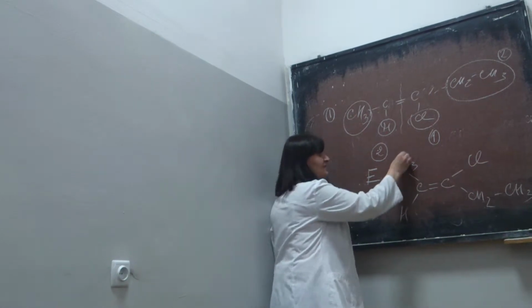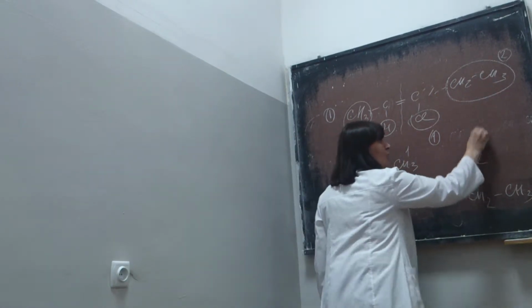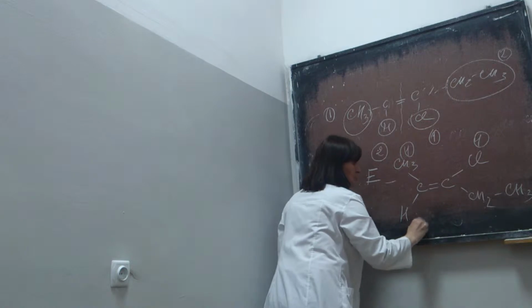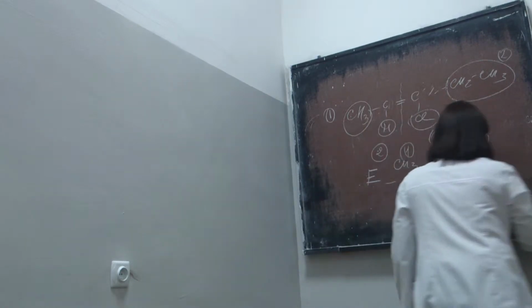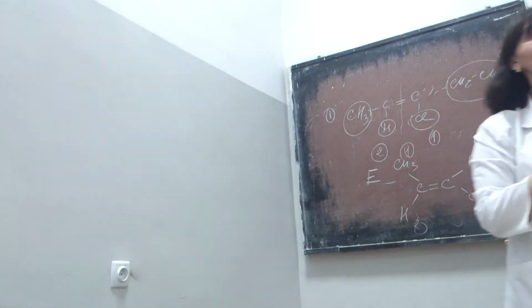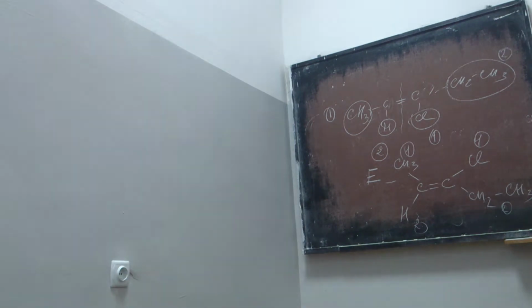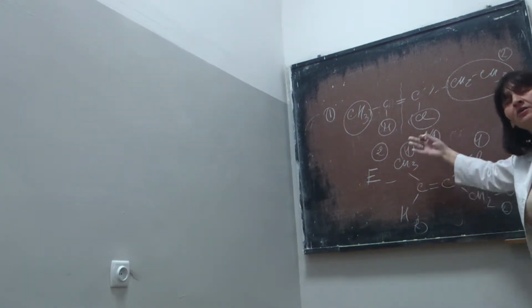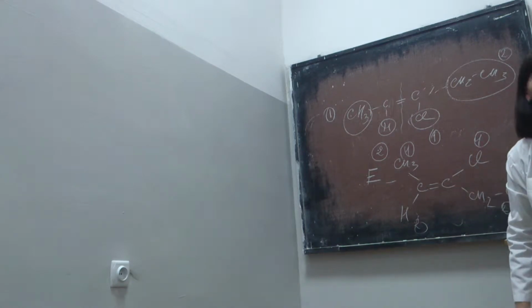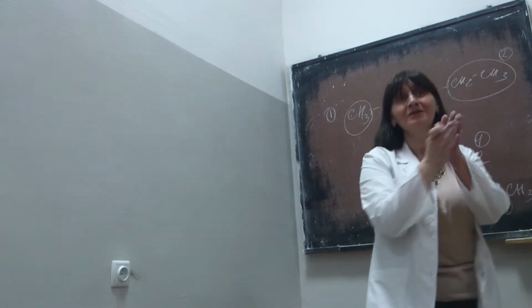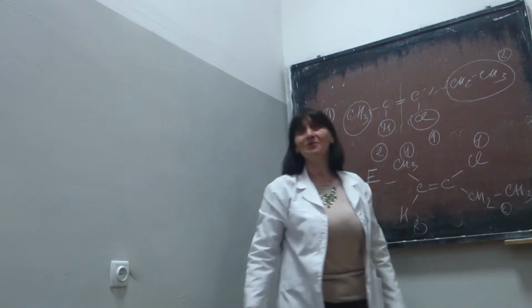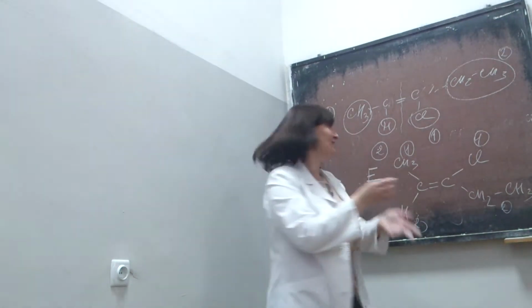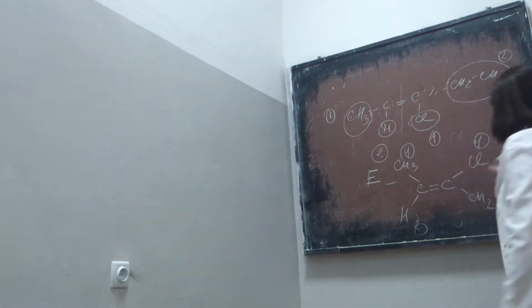This is number 1, this is number 1, this is number 2, this is number 2. If your groups which have the same priority are on one side of the plane of your double bond, you have Z, Zusammen. Zusammen means together. So this one is Z.